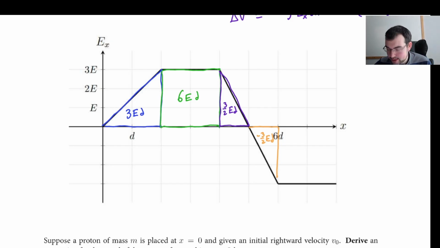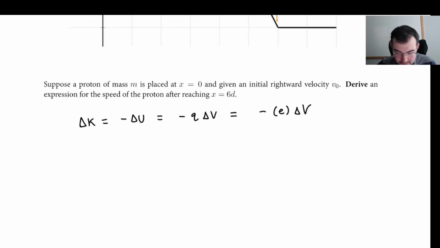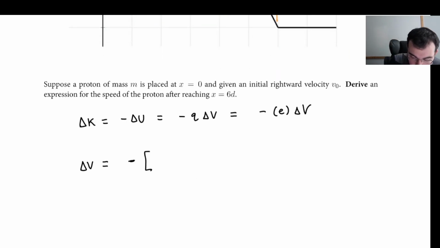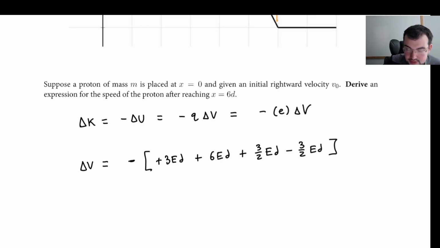So we can go ahead and just find our net area under the curve just by adding all these figures together. So our delta V is just going to be the negative of all of these areas added together. So we have a positive 3ED because it's above the x-axis, a positive 6ED that's above the x-axis, a 3/2 ED that's above the x-axis, and a 3/2 ED that's below the x-axis.